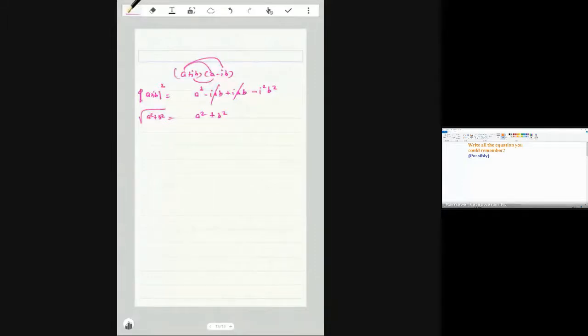It's correct. So if you take the magnitude square of this, you get A square plus B square. This is again A square plus B square. So any complex number and its conjugate when you multiply that, we will get the magnitude, meaning the magnitude of z whole square.